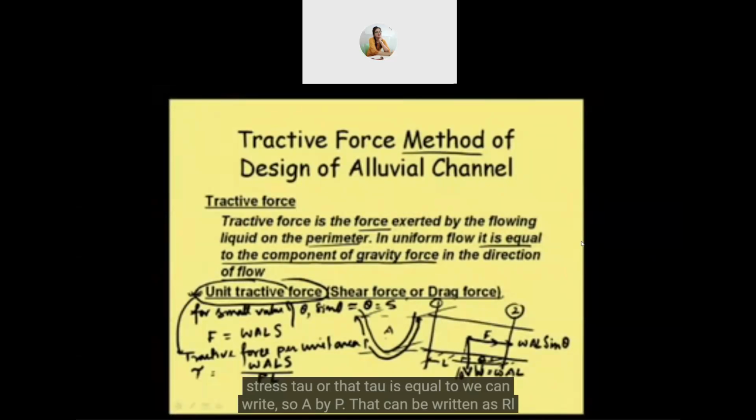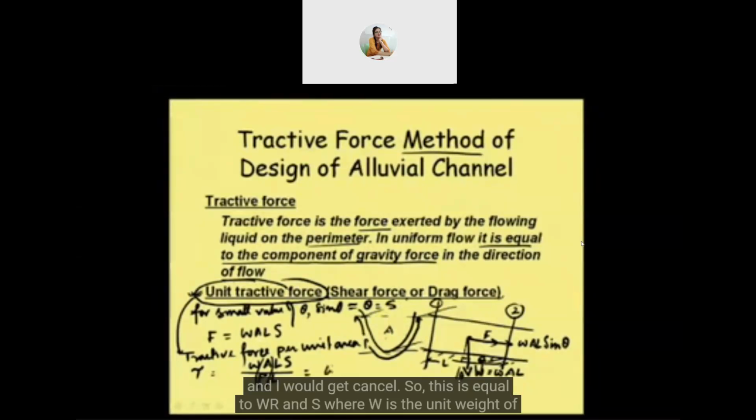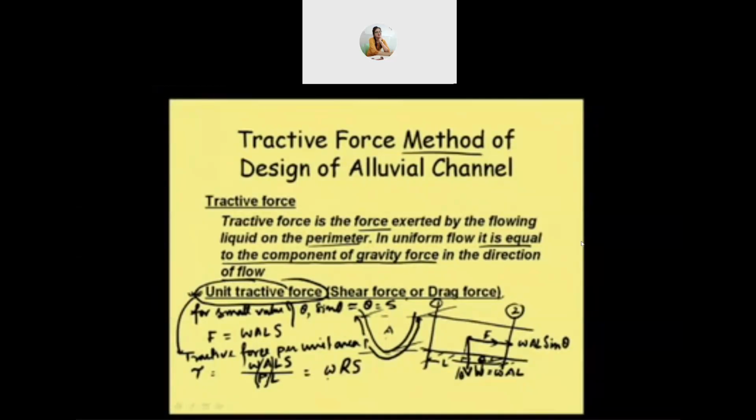A by P can be written as R. L and L get cancelled, so tau is equal to WRS, where W is the unit weight of water.